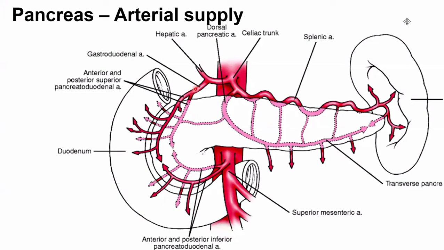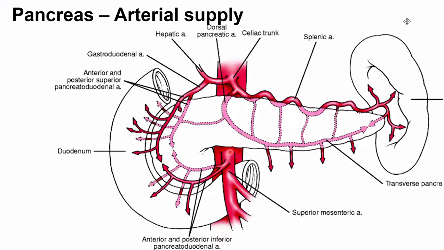So the pancreatico-duodenal artery divides to anterior and posterior pancreatico-duodenal artery. As it divides, the superior part of the duodenum and pancreas, anterior and posterior, forms an arcade and links with the inferior pancreatico-duodenal arteries. And this is the branch of the superior mesenteric artery.